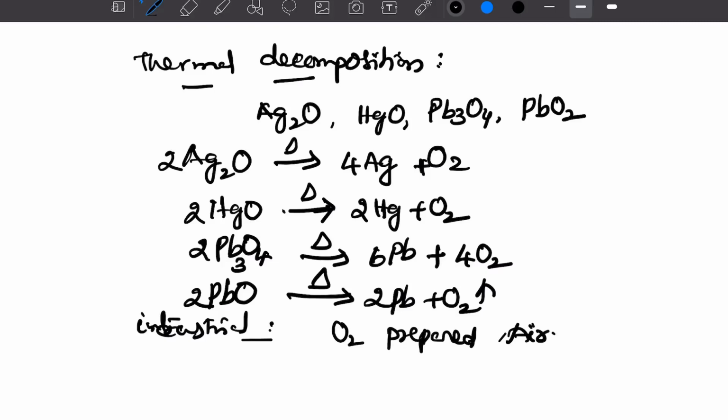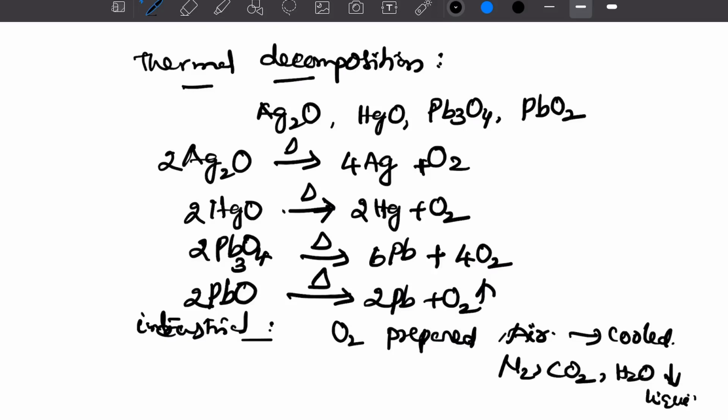Air is first cooled. When it is cooled, nitrogen, carbon dioxide and water vapor get liquefied first, whereas oxygen is liquefied at 90 Kelvin. So oxygen can be separated. That is the main preparation of oxygen.